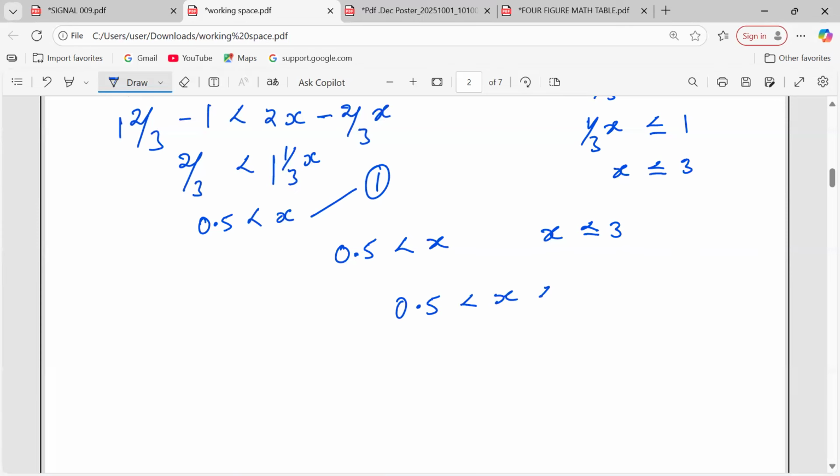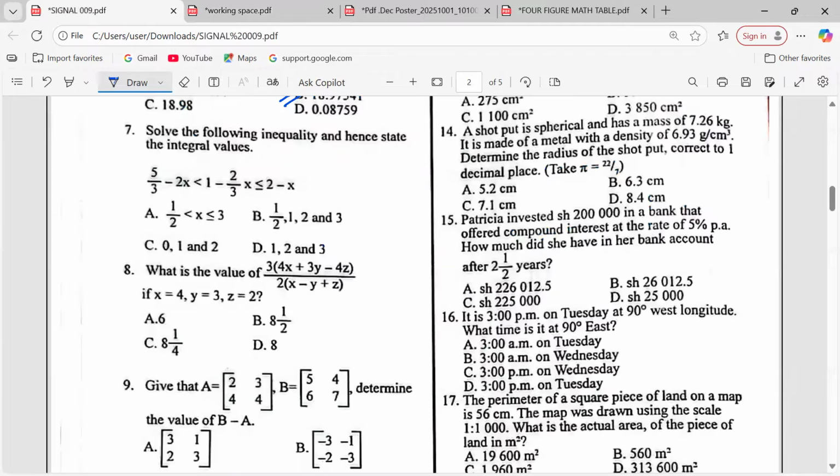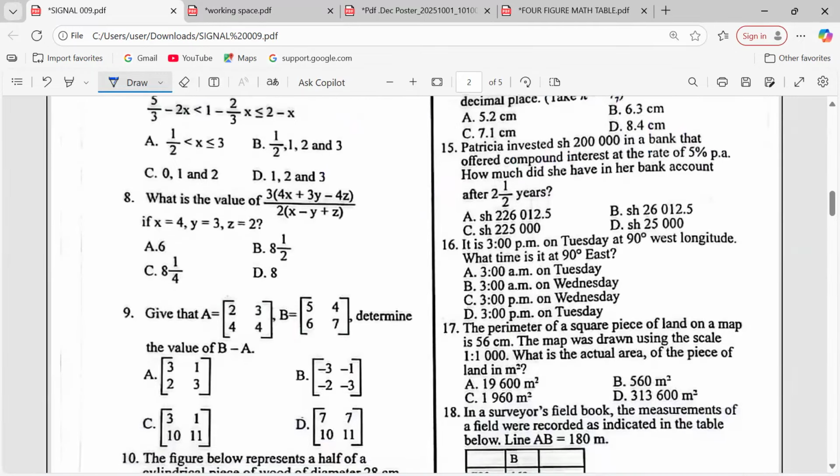So if you are now to pick the integral values within these limits, we shall talk about 1, 2, and the 3 itself, simply because 3 is a limit which is inclusive, less than or equal to 3. So 1, 2, 3 becomes our answer.